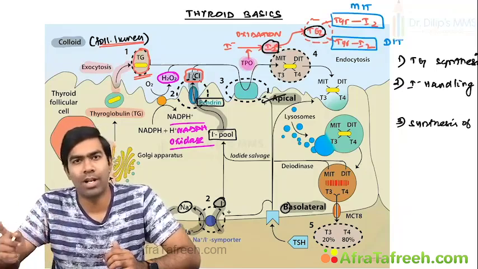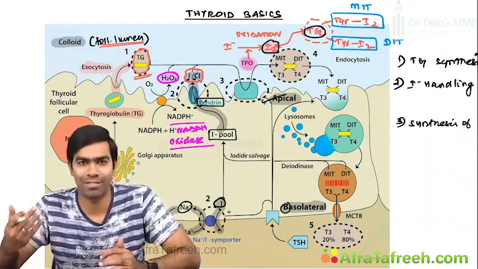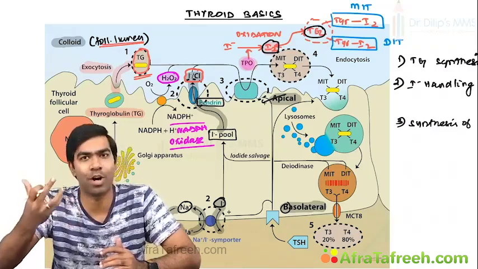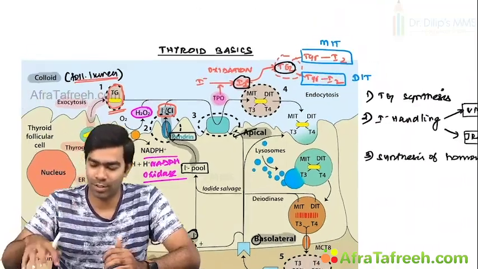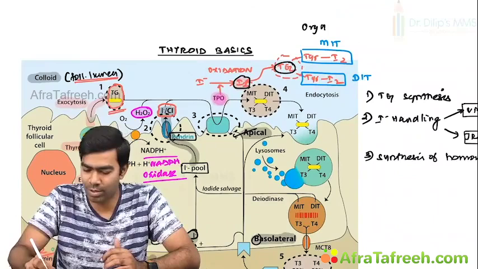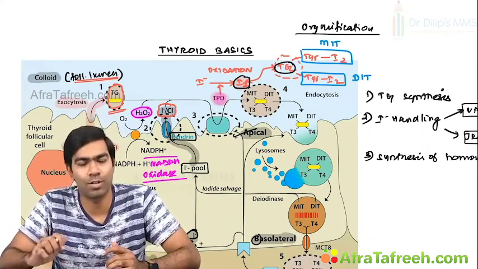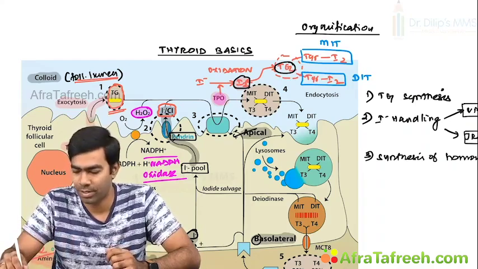When thyroglobulin and iodine mix with each other, the iodine gets organified. By adding inorganic iodine to organic thyroglobulin, the iodine becomes organified. This is what we call organification of iodine. At the end of the organification process, you result in MIT and DIT formation. This is also a very crucial step, performed by your famous thyroid peroxidase enzyme only.